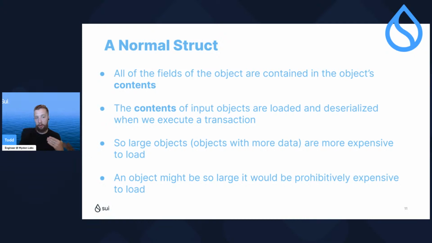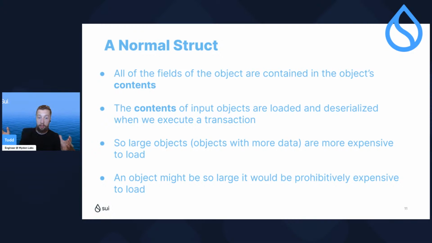The reason I want to talk about this is that this is the motivating factor for dynamic fields. When we have all of the fields contained in an object's contents, when we go to load an object as an input, we have to deserialize, load, and read all of that information. We're taking all of those bytes from storage and loading them into an object.